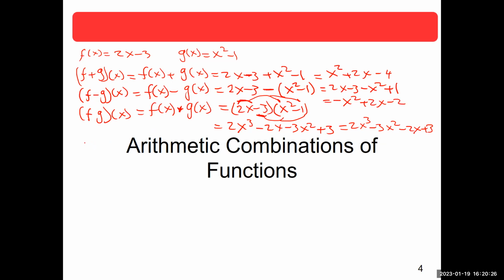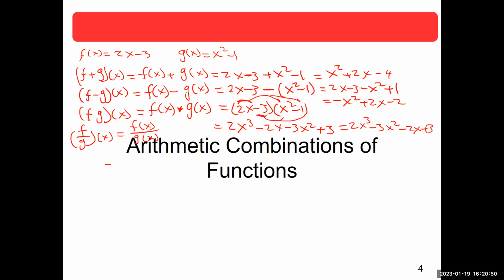Now dividing. You say f over g as a function of x equals f of x over g of x, the same thing. Those are equivalent. So if you see it this way or that way, you know what they are talking about.